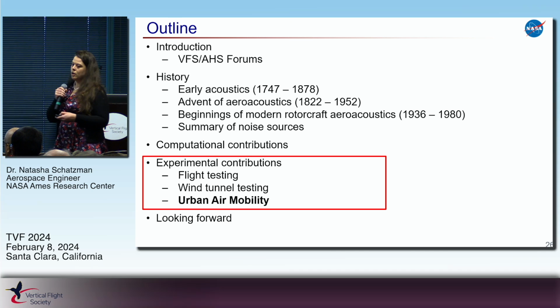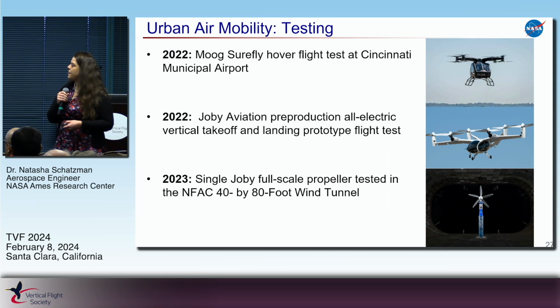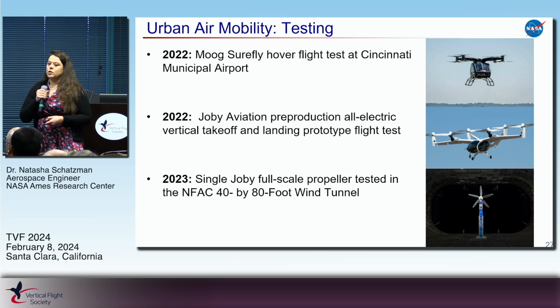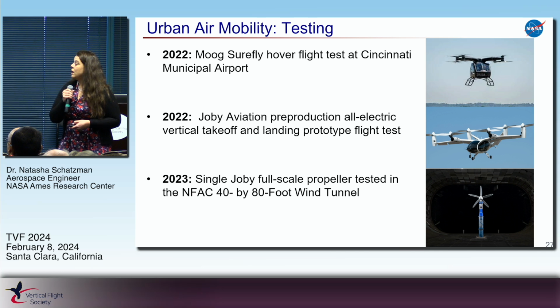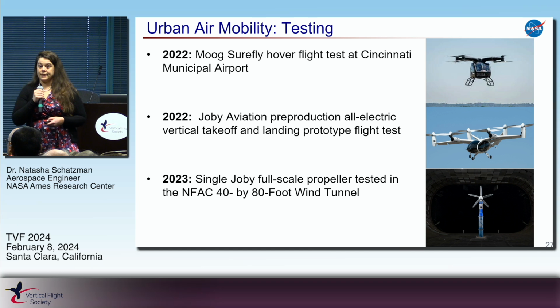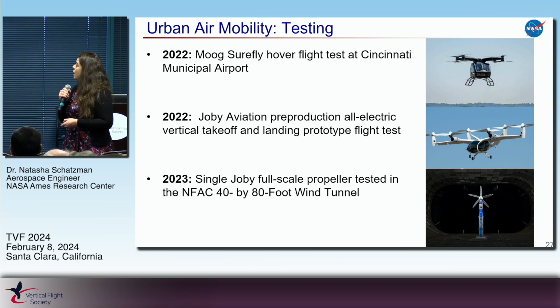All right, now going on to urban air mobility. In 2022, we had the Moog SureFly hover test at the Cincinnati Municipal Airport. Moving on to the Joby flight test in 2022, which was an all-electric vertical takeoff and landing prototype flight test.